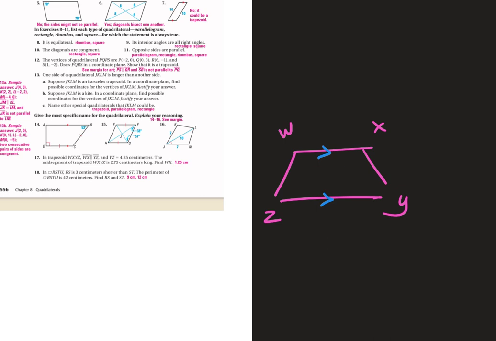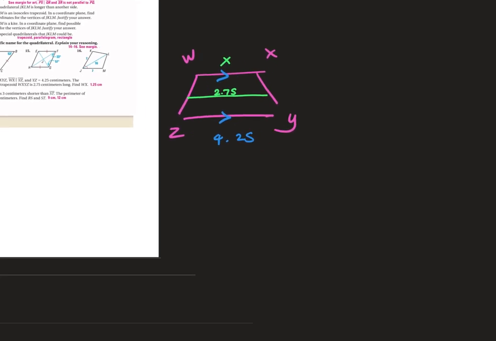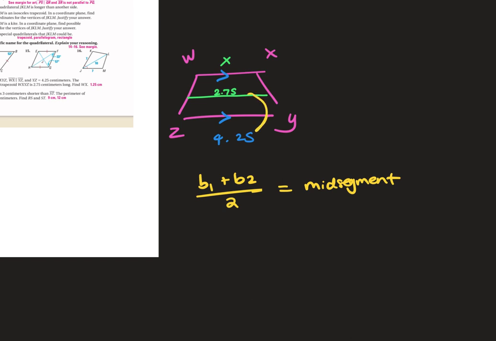So then it says YZ is 4.25 centimeters, and the mid segment of the trapezoid is 2.75. Find WX. So I can use my formula, base 1 plus base 2 divided by 2 equals the mid segment. You just solve it. And I could just solve for base 1, right? Or I think easier is find the difference between these two.